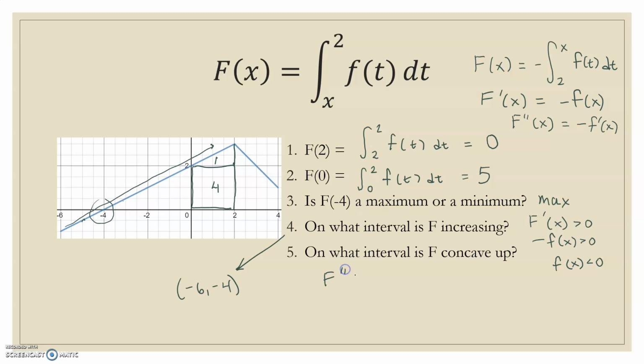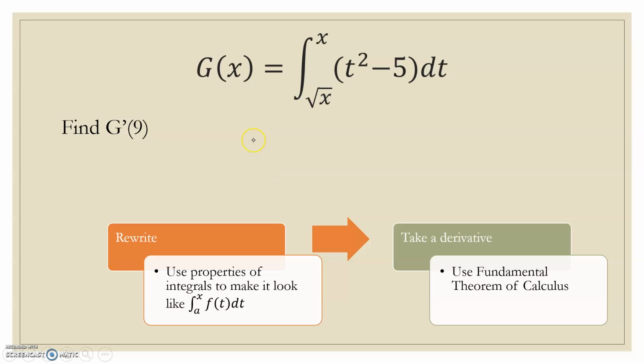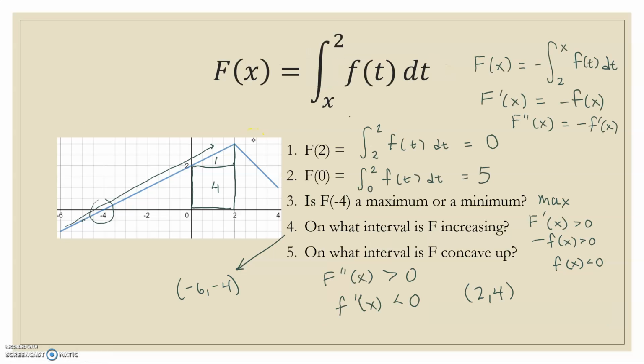So f double prime of x is going to be greater than 0 when the first derivative of little f is less than 0. So it looks to me like f is concave up on the interval from 2 to 4 because the graph of little f is downhill on that interval.